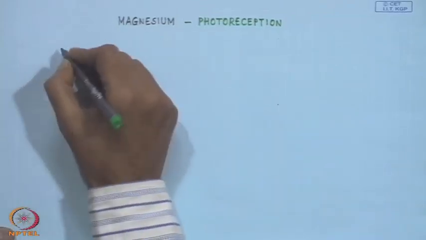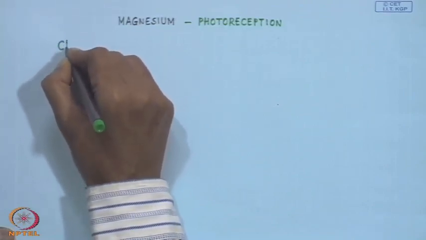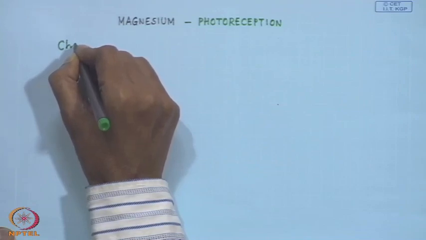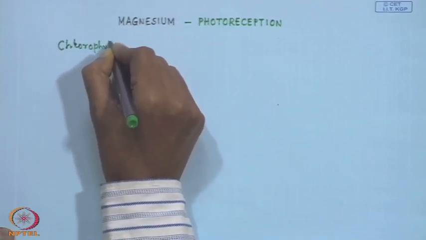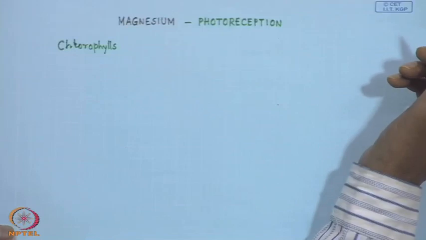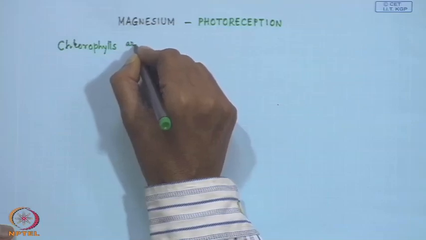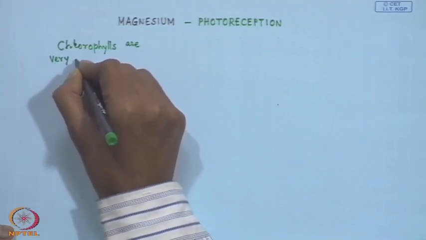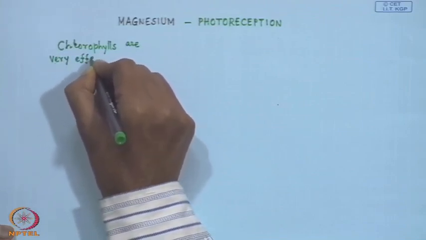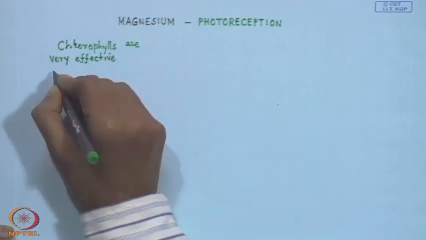And one very well known molecule from your school days, you know that, is chlorophyll. So, you can have more than one type of chlorophyll. Chlorophylls are basically very effective photoreceptors.